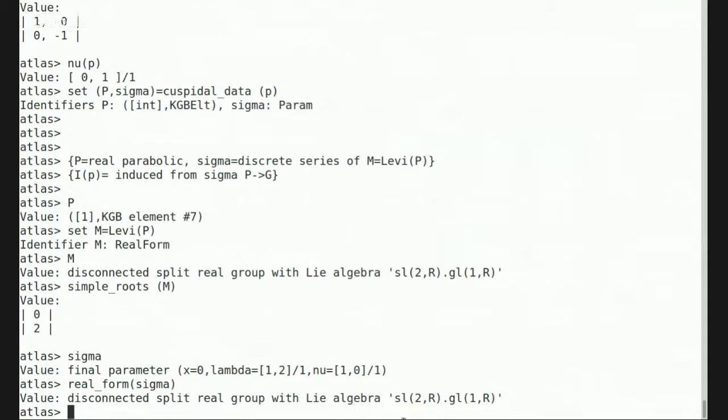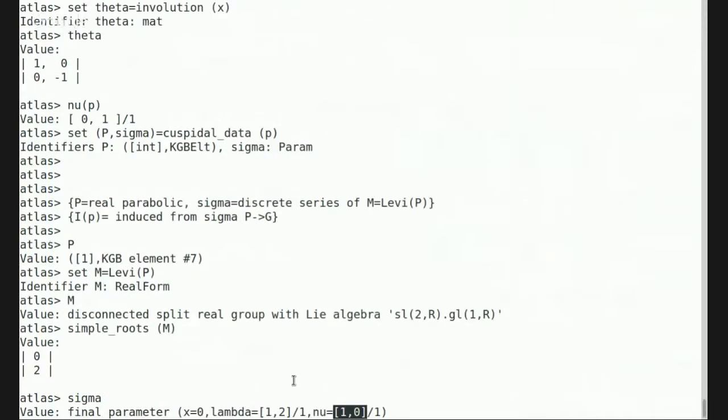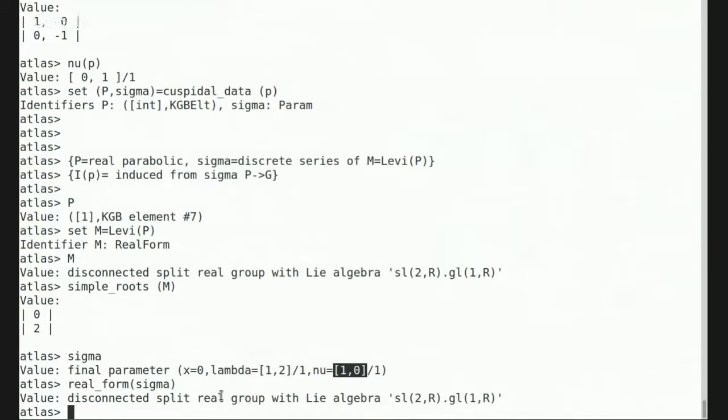Well, it's supposed to be a parameter for a discrete series on this Levi factor. And the way to think of this Levi factor is this SL2 is the one with the long root 0, 2 in it. And this GL1 is sort of living on the first coordinate, and this nu is on the GL1. And this lambda is somehow telling you a discrete series on the Levi factor.